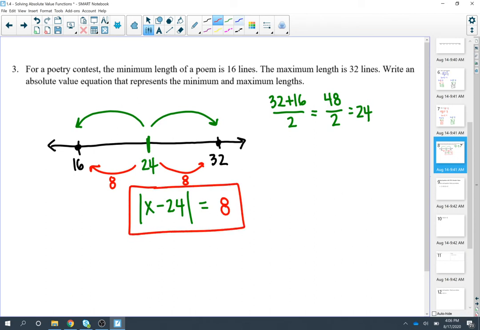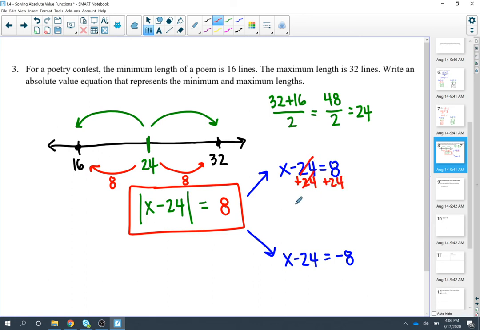That one's great, but the next thing I want to do is check it. So if we were to actually solve this and check it, we would have x minus 24 equals 8, and then we would also have x minus 24 equals negative 8. If I check the first one, I would add 24.